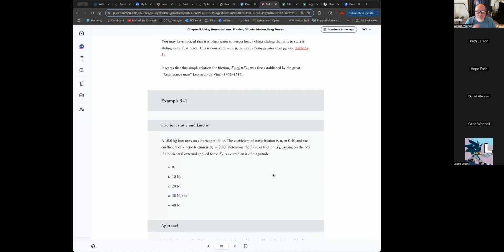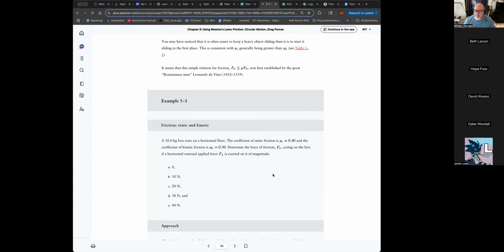I usually use the script F instead of an F with a subscript friction. But it says determine the force of friction acting on the box if a horizontal applied force F_A is exerted on it of magnitude 0 for part A, 10 newtons for part B, 20 newtons for part C, 38 newtons for part D, and 40 newtons for part E.